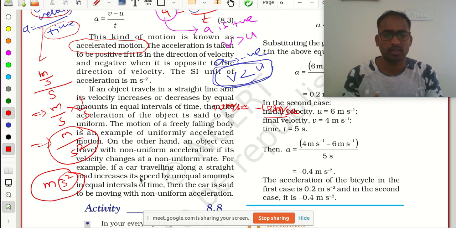If you don't have any traffic, we will go with more velocity, and if there is some traffic, then I will reduce my velocity. So my change in velocity is not uniform.